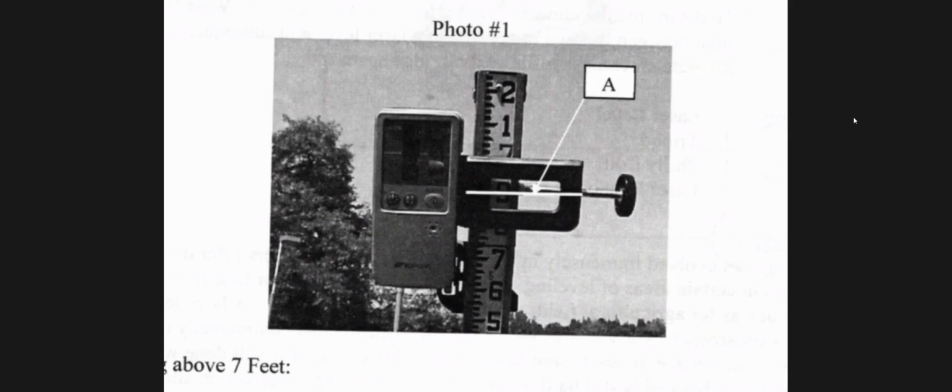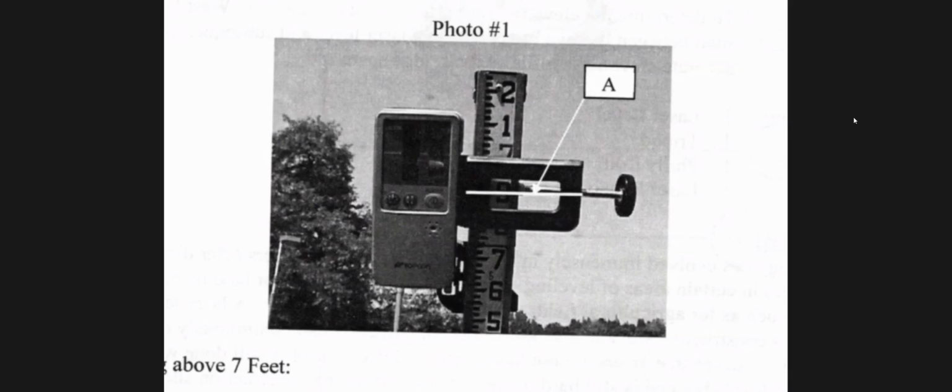Are there questions so far on how the laser works? It emits a plane of level light, and you use the receiver to find that plane of level light, which equates to looking through an optical instrument and achieving the same result. So questions on how this works?